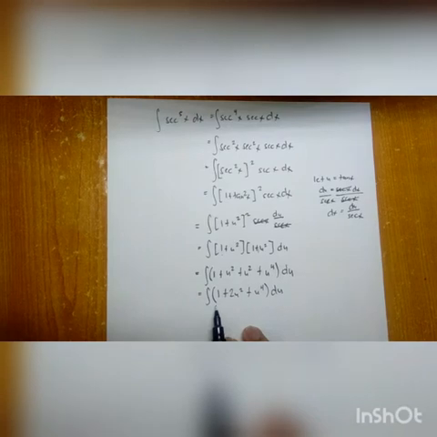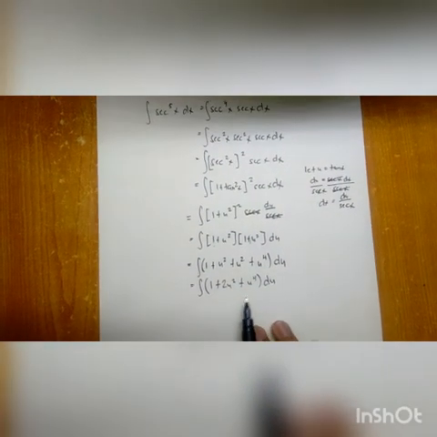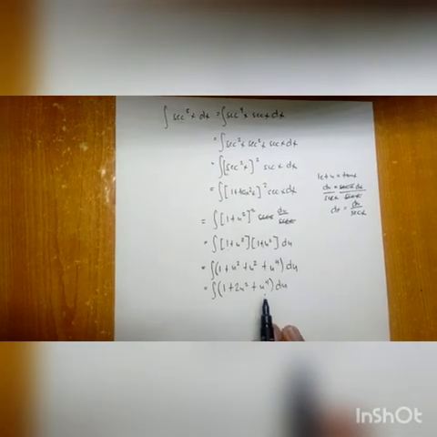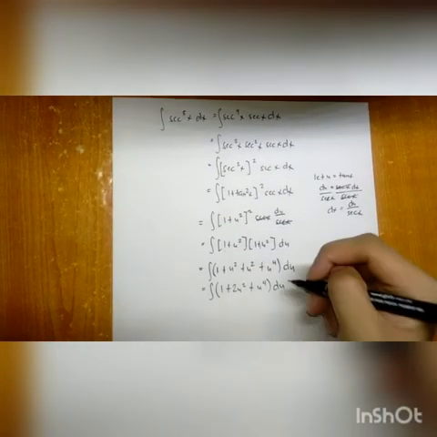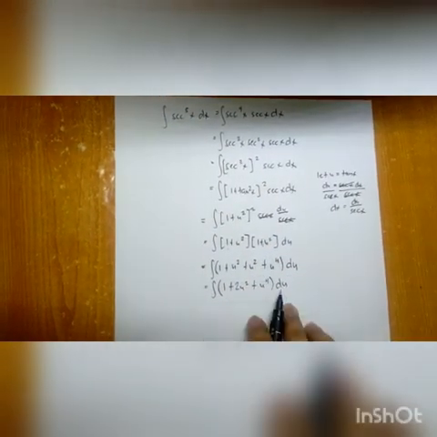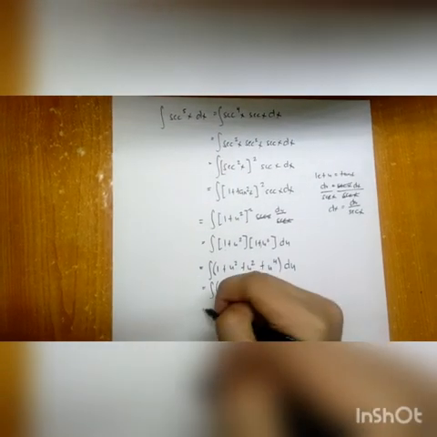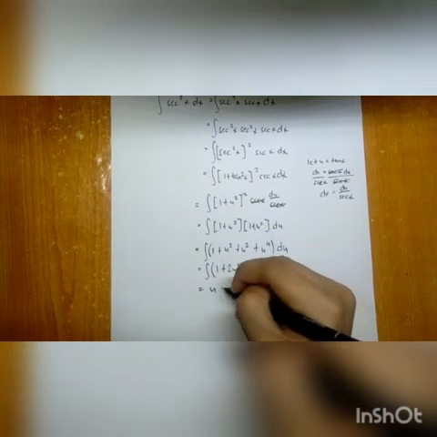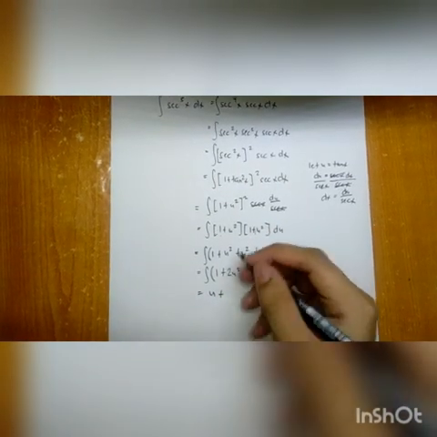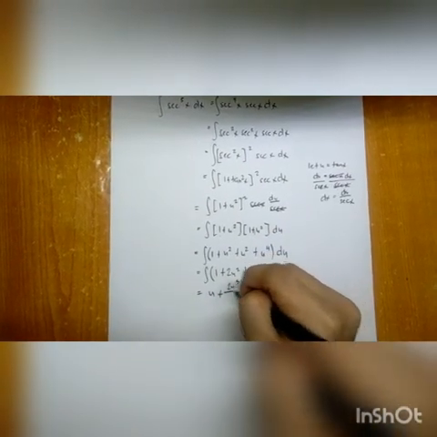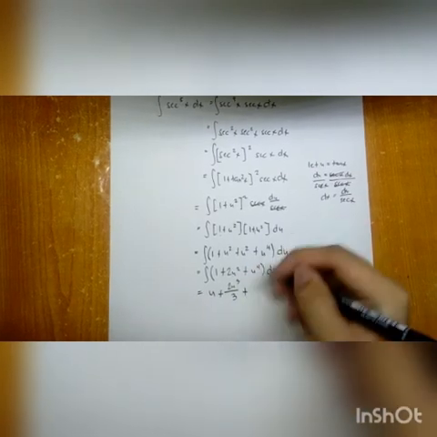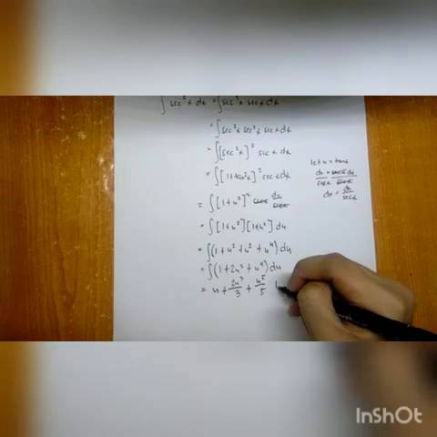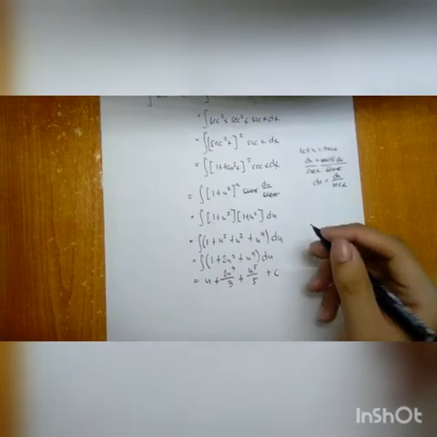Then find the antiderivative of this function: the antiderivative of 1 is u, plus the antiderivative of 2u squared, which is 2u cubed over 3, plus u to the fifth over 5, plus c.